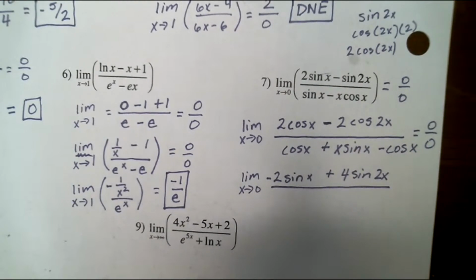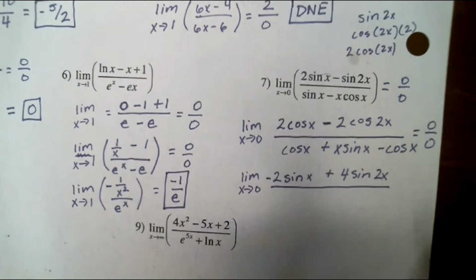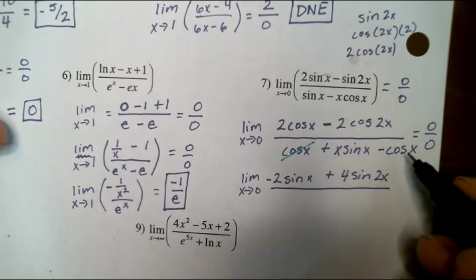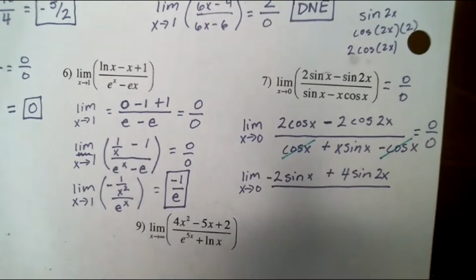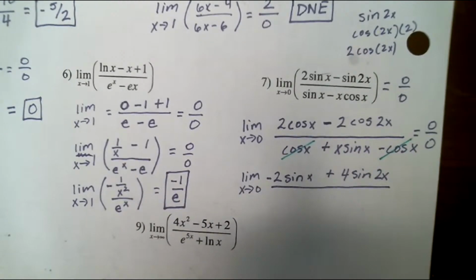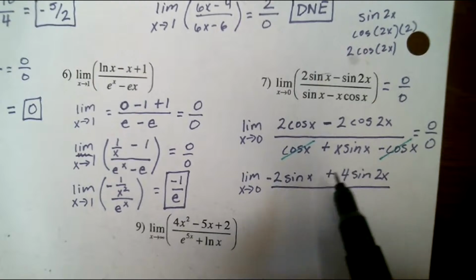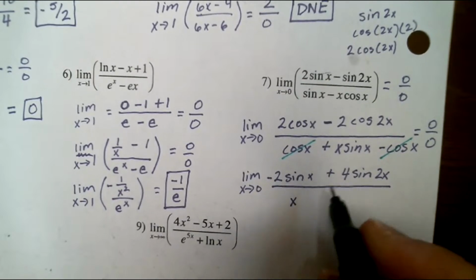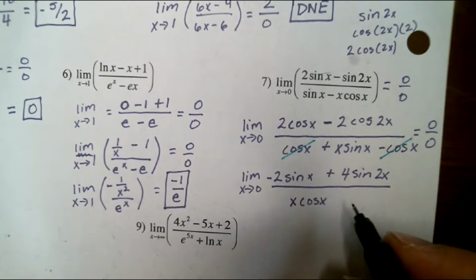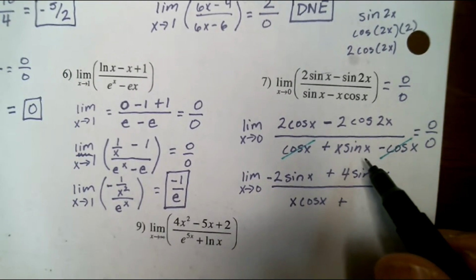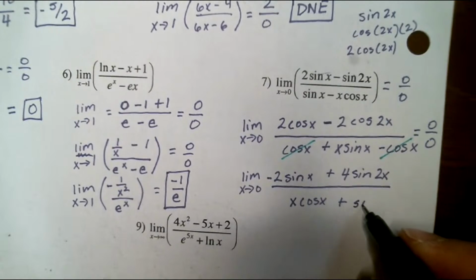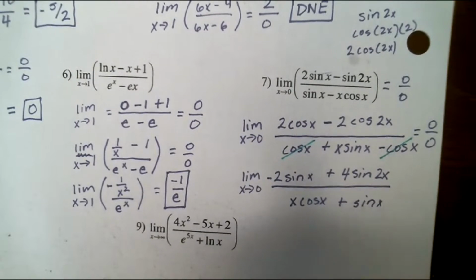I was about to say that looks a little bit weird. If you think about this cosine x here and that cosine x will cancel, because cosine x minus cosine x cancels. So then we just have x times sine x. So x, the first, times the derivative of the second, which is cosine x, plus sine x times the derivative of x, which is 1.